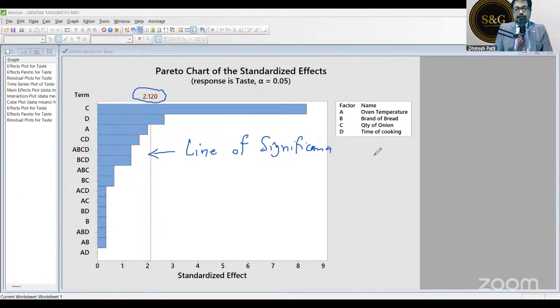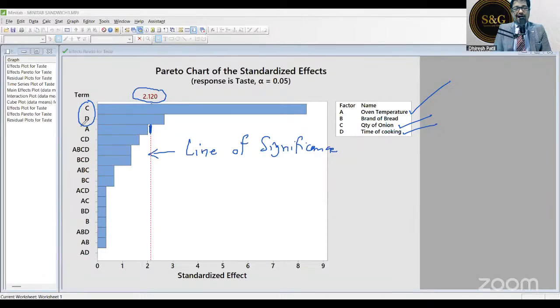Any factor which is crossing this line is called a significant factor. For example, factor C and factor D are significant factors which are crossing the line. Which is factor C? Quantity of onion. Which is factor D? Time of cooking. These are significant factors. Factor A, oven temperature, is very close to the line of significance.